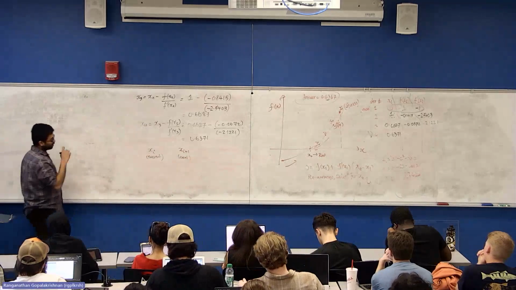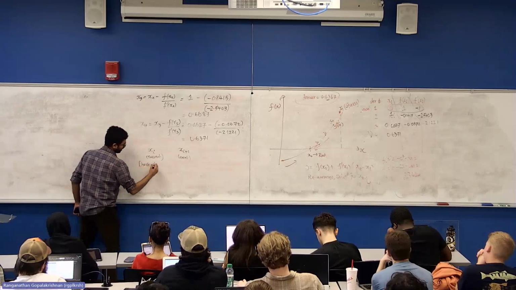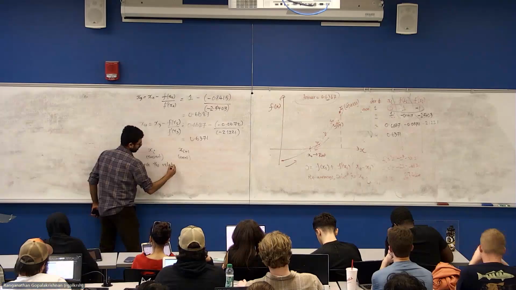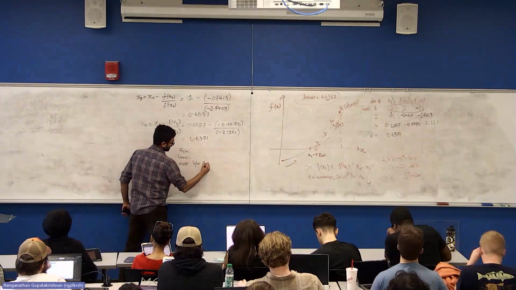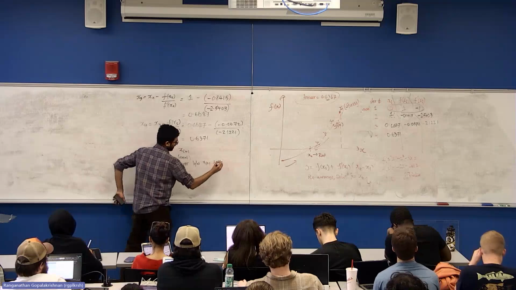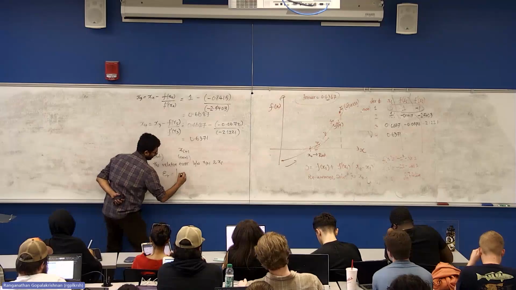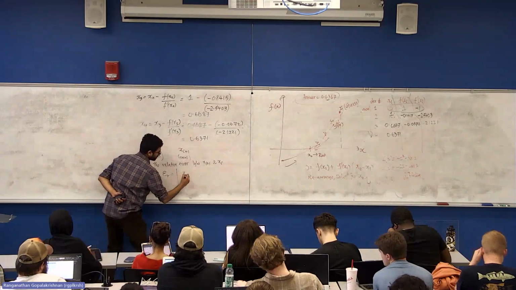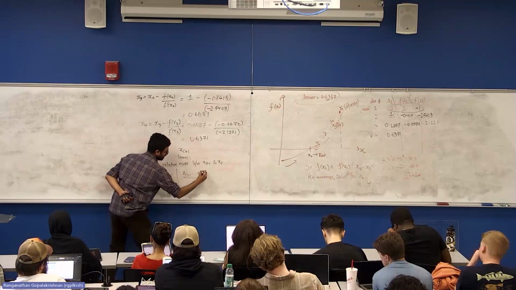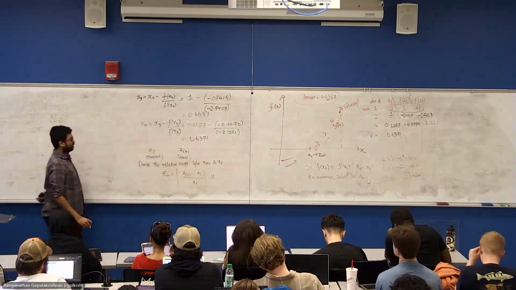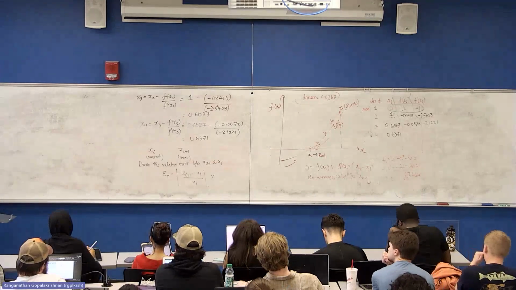So what you do is you check the relative error between xi plus 1 and xi. That is, you define relative error as the absolute value of xi plus 1 minus xi divided by xi, as a percentage. It is the relative change in the value as iterations progress.